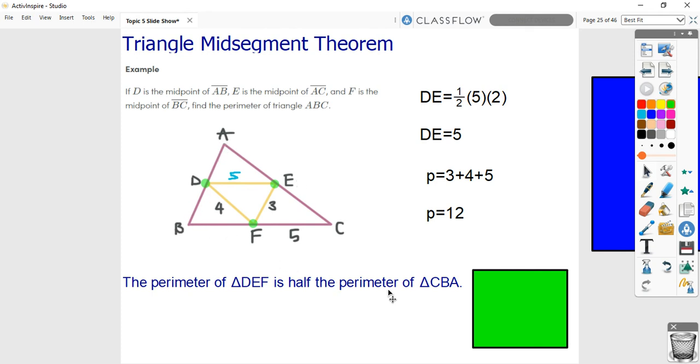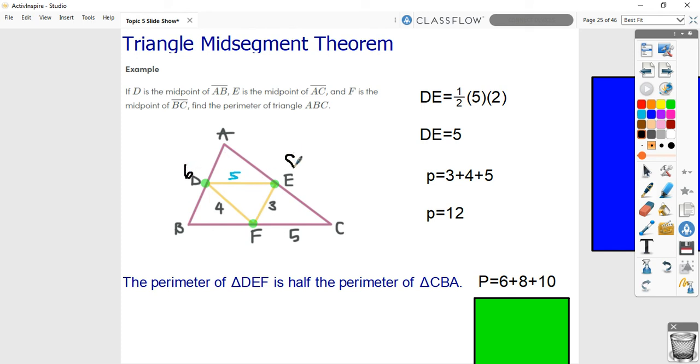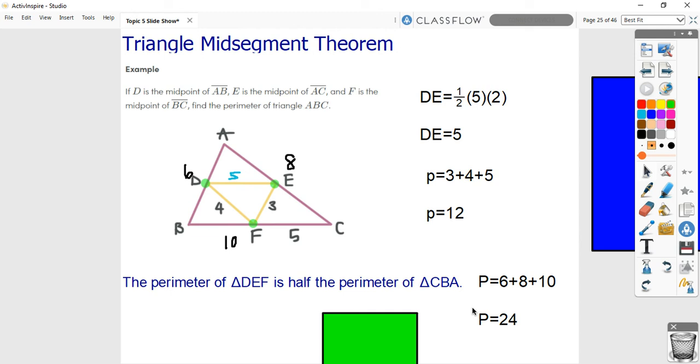So of course the perimeter would be half of it, because we're just adding up half of the lengths. So if our perimeter on this inner one is 12, then the perimeter on our outer one is going to be twice as much. Instead of 3 and 4 and 5, those side lengths are going to be 6 and 8 and 10. All right, so we add those up, we get a perimeter of 24, and that's what answers our question.